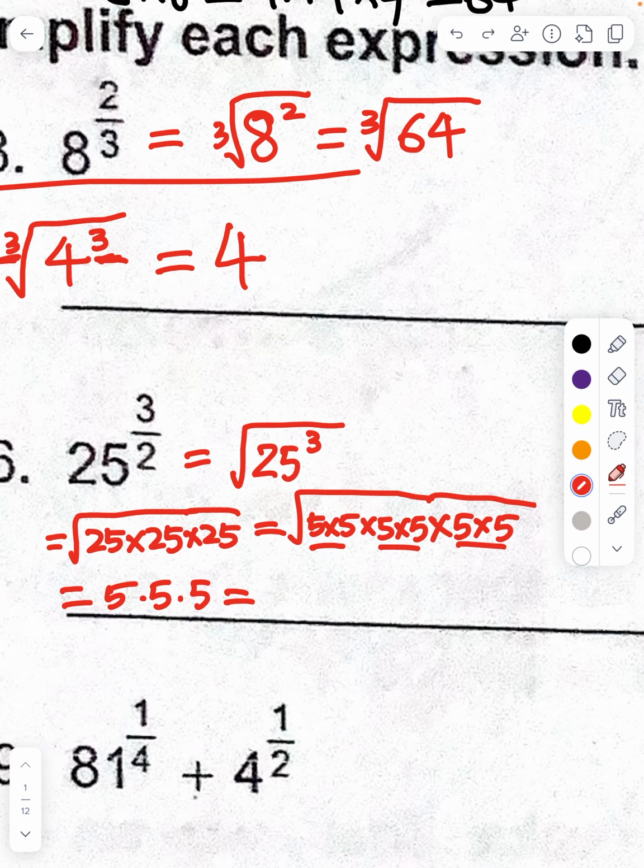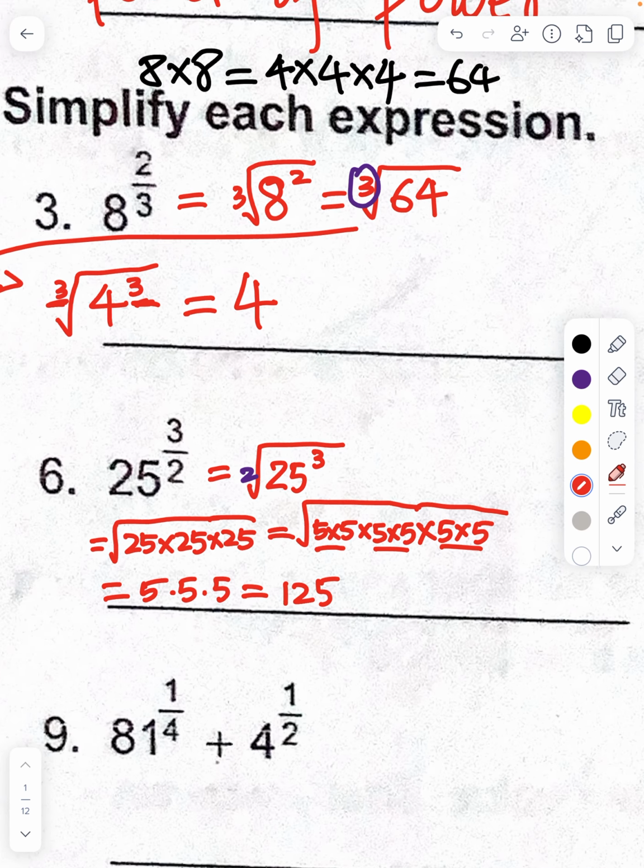For number 8, look at here, we wrote 3 for the cube root. For square root, we just don't write out the 2. You can, but normally we don't. So 5 times 5 is 25, 25 times 5 is 125. So the final answer is 125.